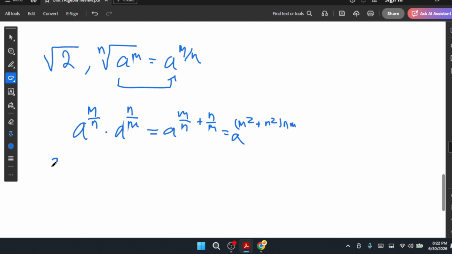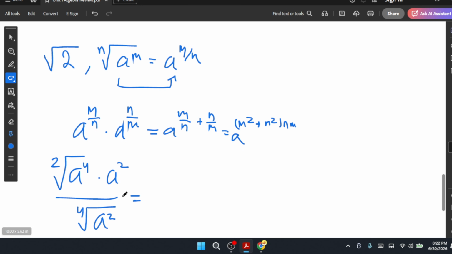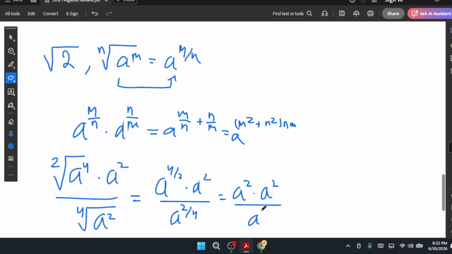Okay, let's say we have the square root of a to the power of 4, and then we multiply it by a squared over the 4th root of a squared. How do we simplify this? First, we make it into exponent form, which is a to the 4 divided by 2 times a squared over a to the 2 divided by 4, which is a squared times a squared over a to the power of a half.